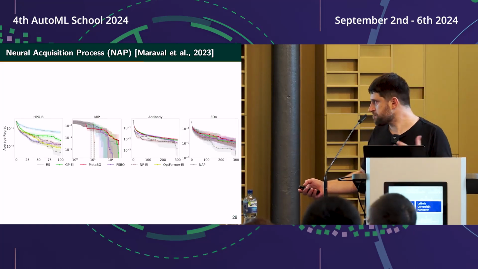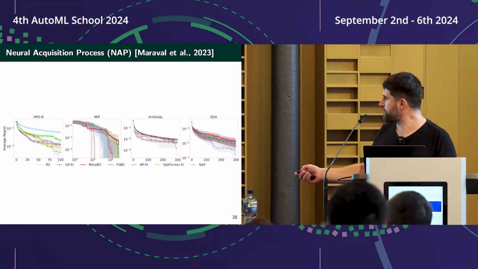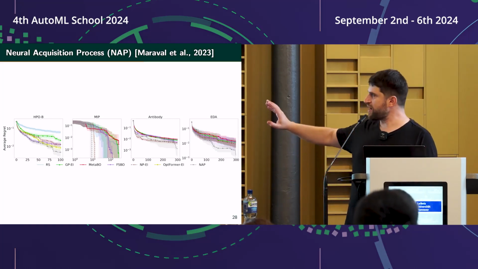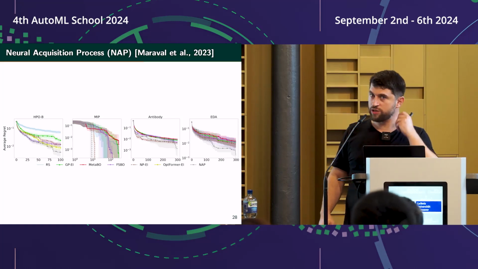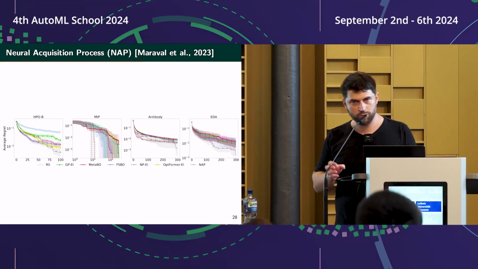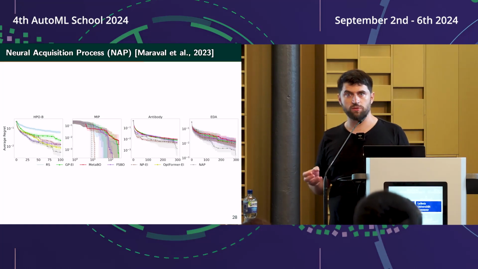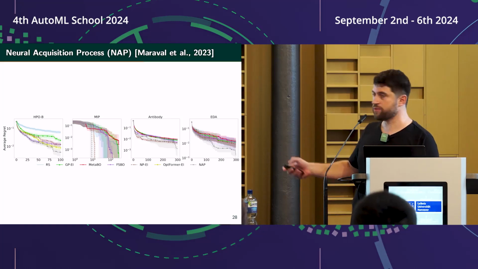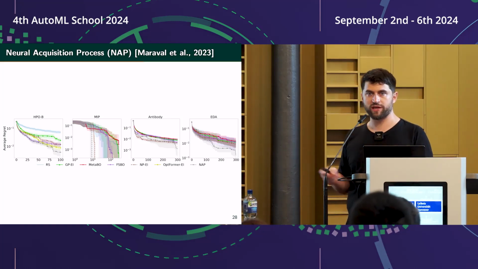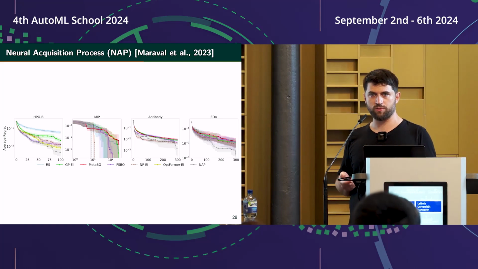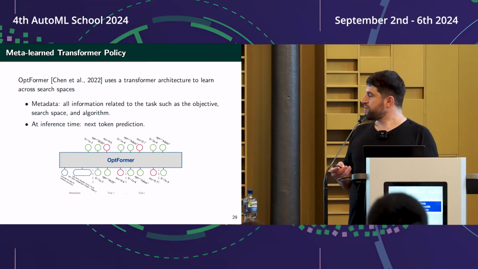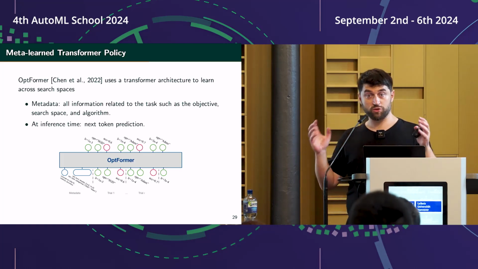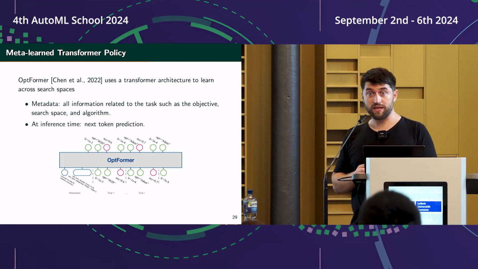And the results, empirically speaking, for this approach show to be competitive. And so far, the HPO community played a little bit with reinforcement learning as HPO solvers, but it was not successful until this paper. This paper showed that actually RL-based approaches for HPO can be state-of-the-art if you meta-learn the policy. The other type of policy transfer is actually the transformer policy of OptFormer.